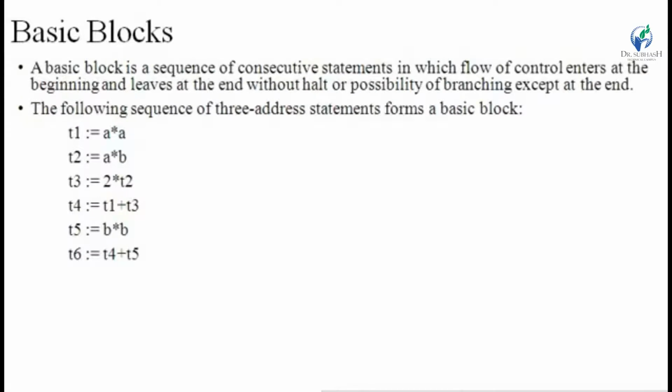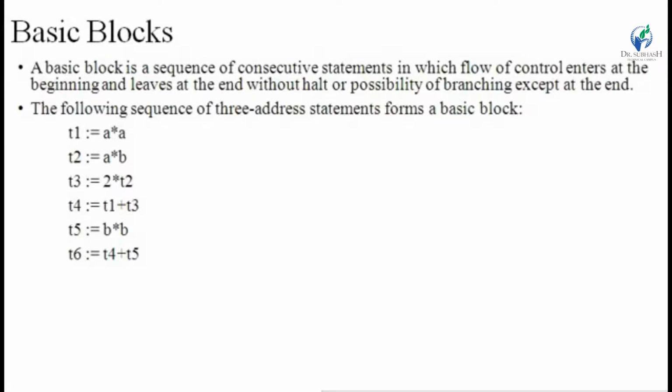Next is basic blocks. A basic block is a sequence of consecutive statements in which flow of control enters at the beginning and leaves at the end without halt or possibility of branching except at the end.